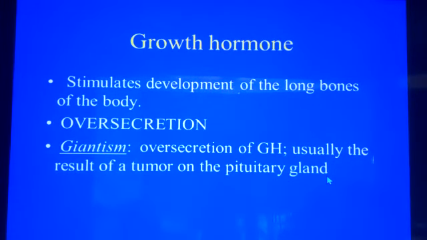Now, I've already mentioned the growth hormone. We said that it stimulates the development of the long bones of the body. So what happens if it is produced in higher than normal amount? It leads to a condition that we refer to as gigantism or giantism. This oversecretion is as a result of maybe a tumor on the pituitary gland.